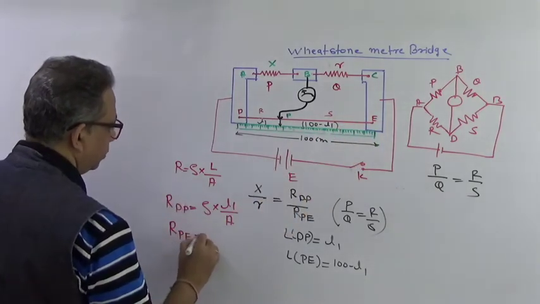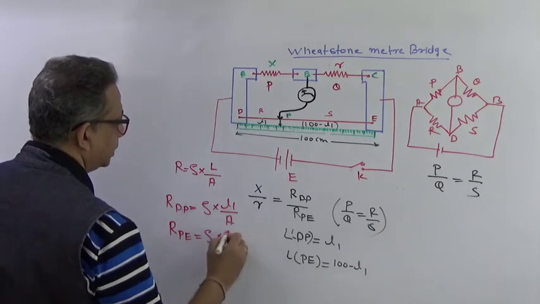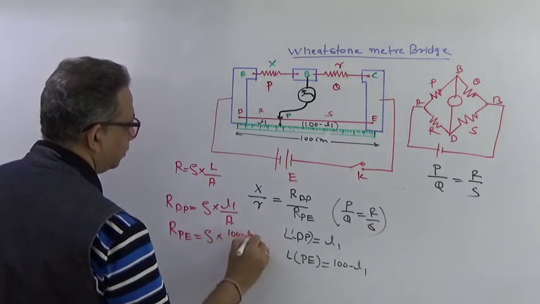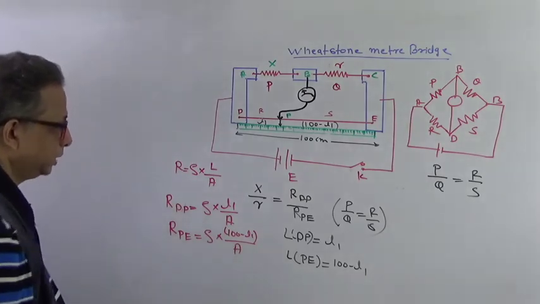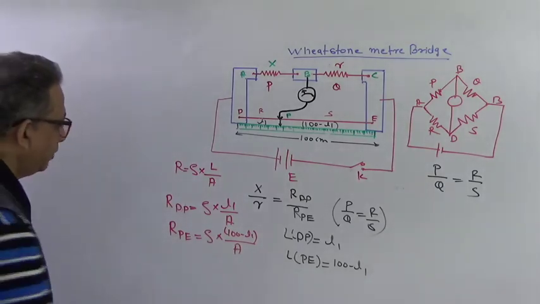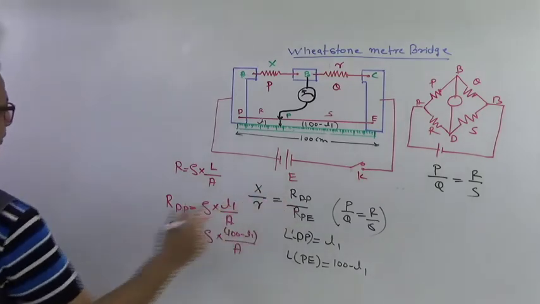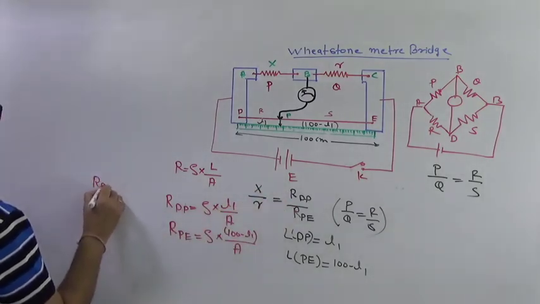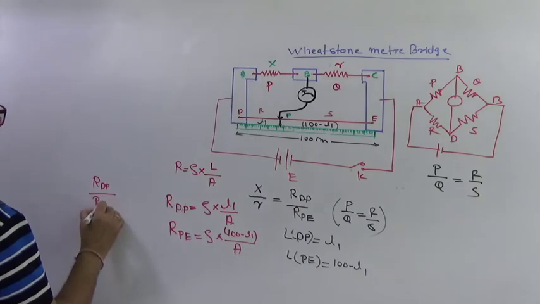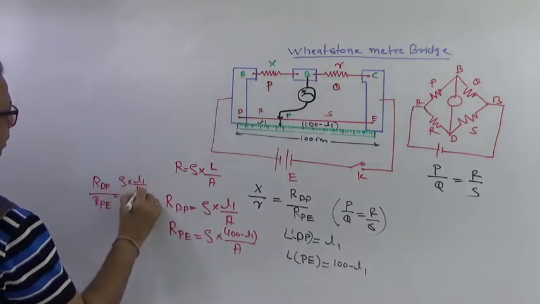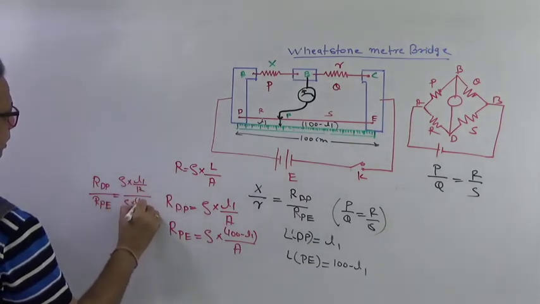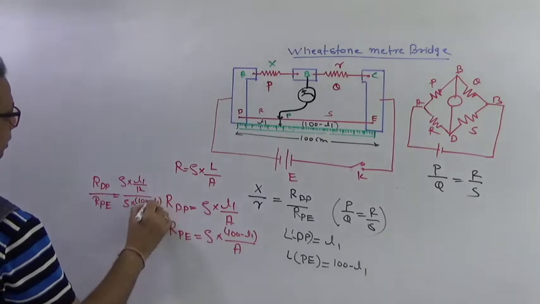Resistance PE will be equal to the specific resistance into 100 minus L1 upon A, right? If I take the ratio of these two, R dP upon R PE, it is the specific resistance into L1 upon A divided by the specific resistance into 100 minus L1 upon A.